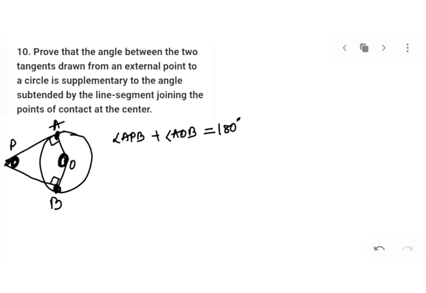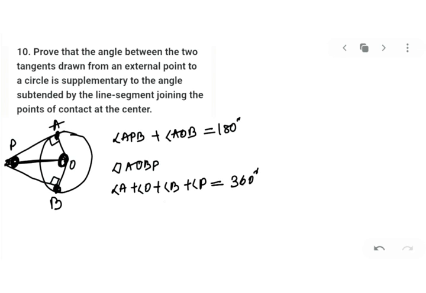Yes. Now if I join OP, okay, then shall we take, do you want me to take congruency, or else we can directly go for quadrilateral. Quadrilateral AOBP, in that we have angle A plus angle O plus angle B plus angle P is equal to 360.